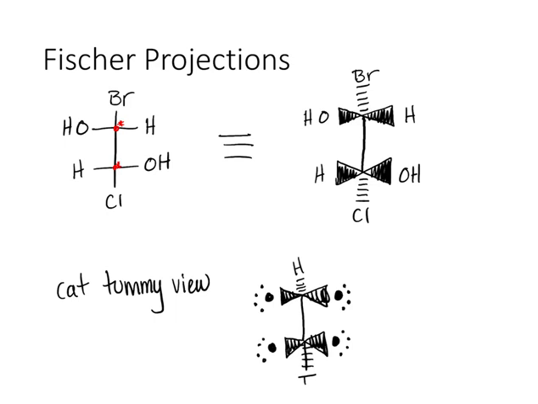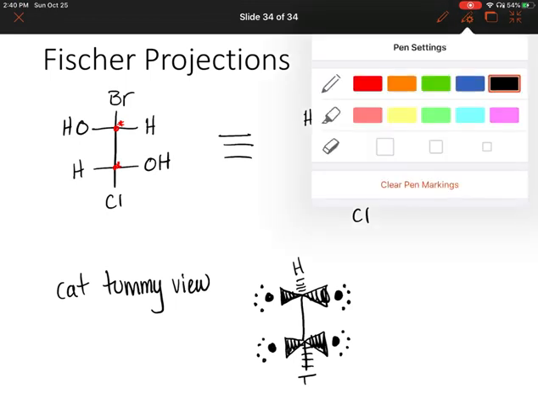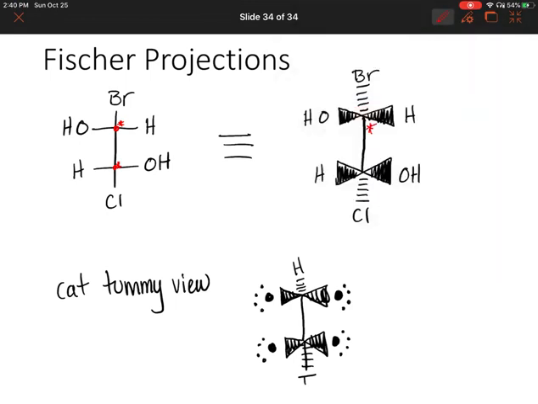All right, so anyway, going back to our Fischer projection up above, let's assign R and S to the stereocenters. So let's start with the one at the top. So that carbon is bonded to a bromine, an oxygen, a carbon down below, and a hydrogen. So what would get highest priority? Bromine, oxygen, carbon, or hydrogen?